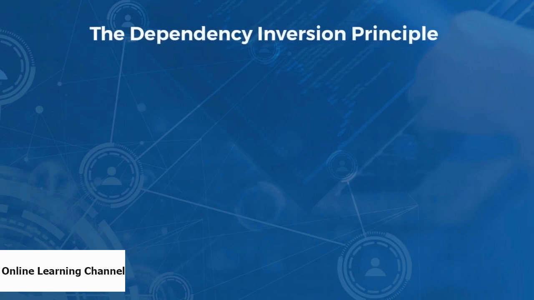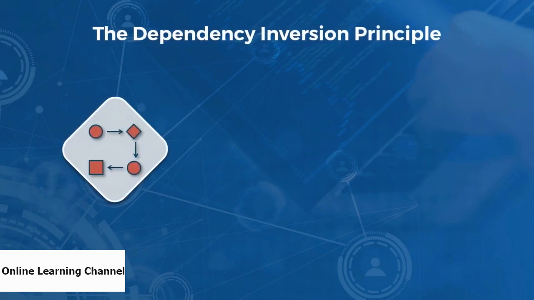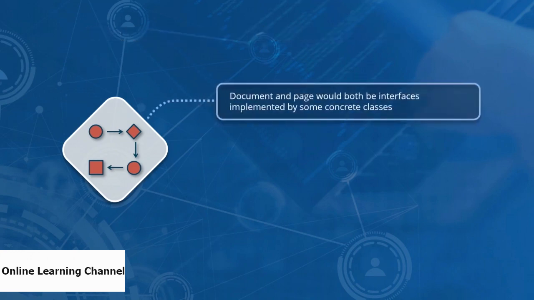Let's say the application that you're looking to build is a text editor of some sort. Now, a text editor is made up of documents, and every document can have multiple pages. So, a document is a high level object and a page is a low level object. Document and page would both be interfaces which are implemented by concrete classes.